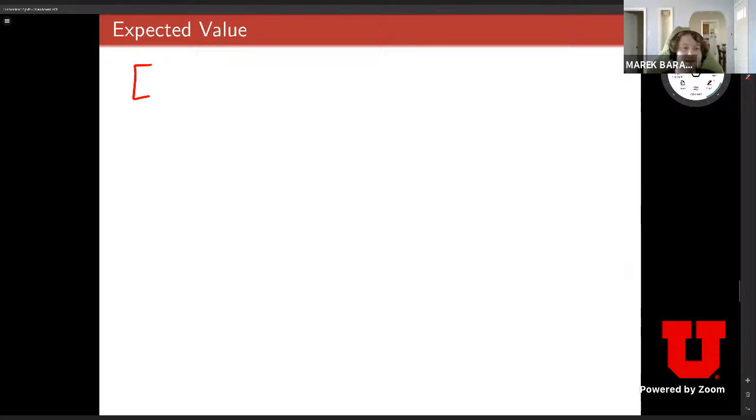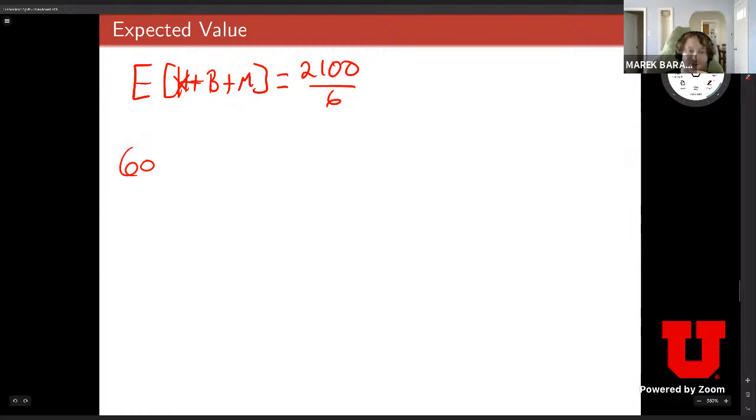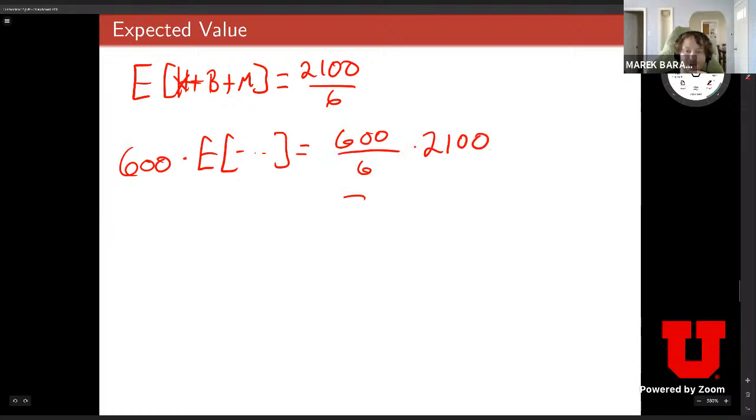Since each of these are independent, we can now do 600 times this expected value. That's equal to 600 divided by 6 times 2,100. So the 6's go away, 2 1s and then 4 zeros, $210,000 for an entire season.